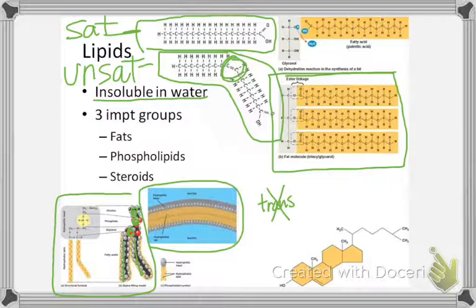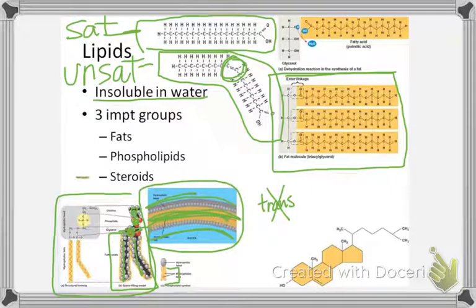If they're put in water, they cluster so that the hydrophobic ends, the fatty acid tails, are here in the middle together, and the hydrophilic ends are towards the outside. Again, cell membranes, phospholipid bilayer.